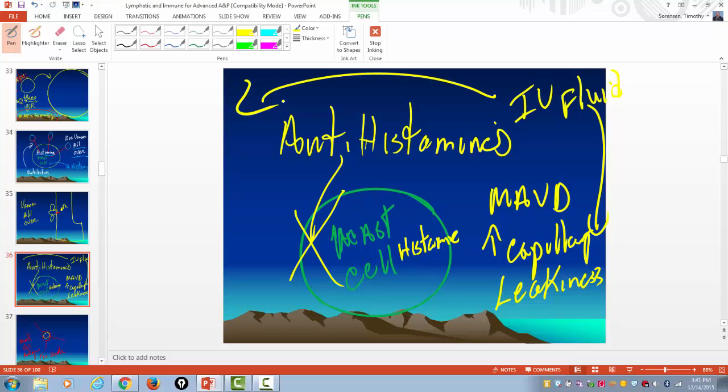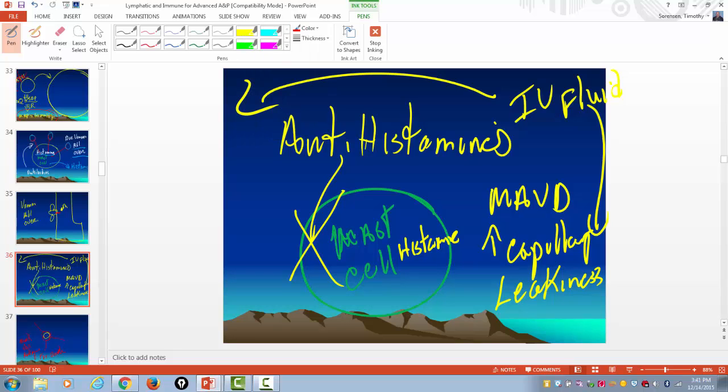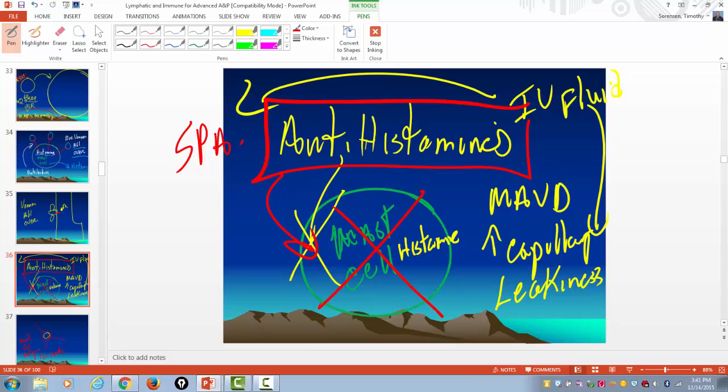Or you can give them what's called salt-poor albumin to draw the water back in by osmosis. But IV fluids at least initially. And then the antihistamines are given after you stabilize them to prevent the further release of histamines by mast cells.